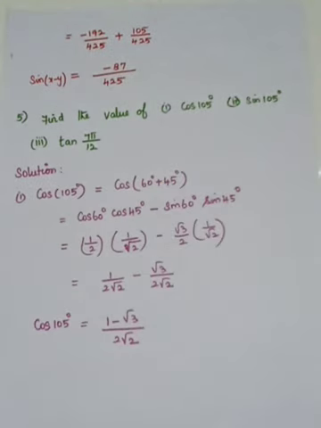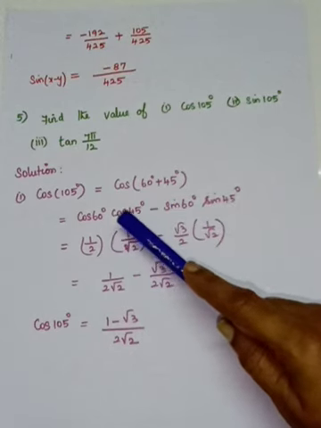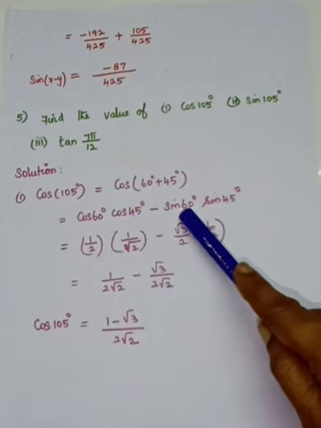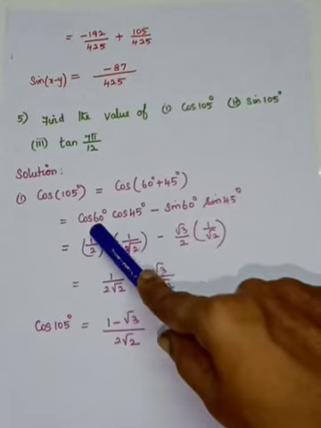So you have to use the identity. So what is cos of alpha plus beta? Cos alpha, cos beta minus sin alpha, sin beta. So cos alpha, alpha is 60 degree and cos beta, so cos 45 degree minus sin 60 degree, sin 45 degree. So you should know cos 60 degree value.